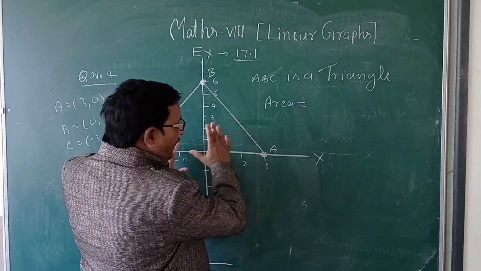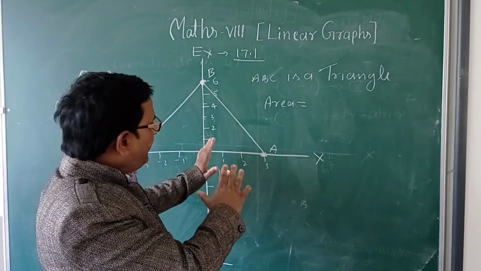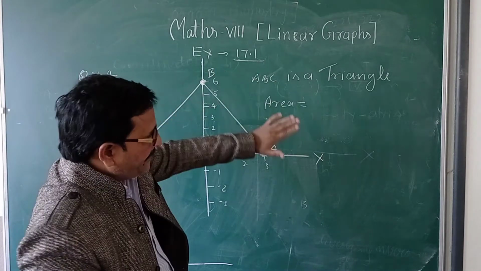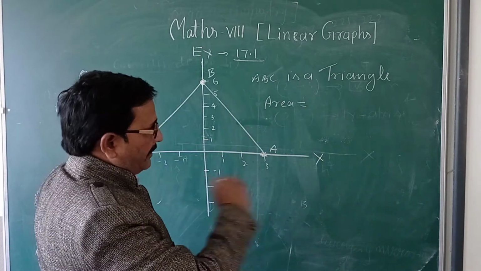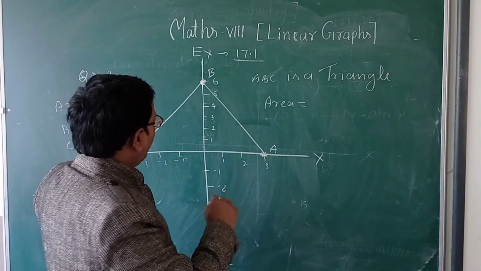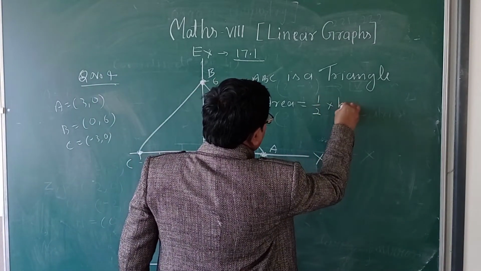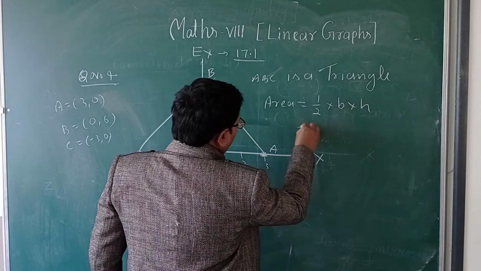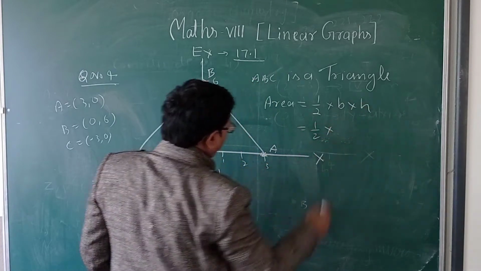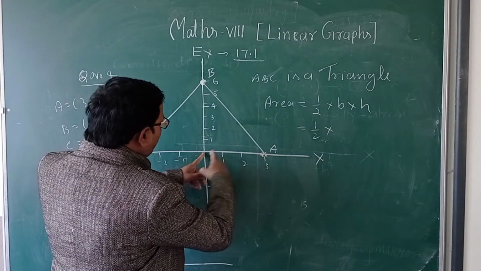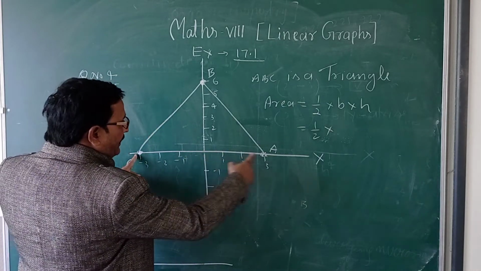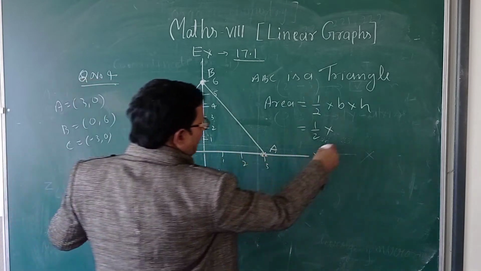The graph goes on the graph page and the calculation on a ruled page. Area is 1/2 times base times height. Base is 3 centimeter on this side and 3 centimeter on this side, 3 plus 3 is 6 centimeter.